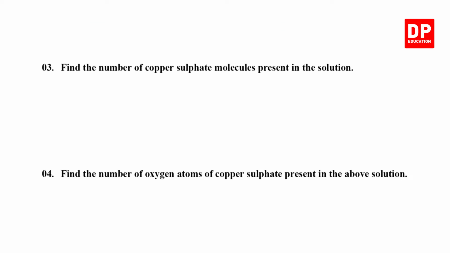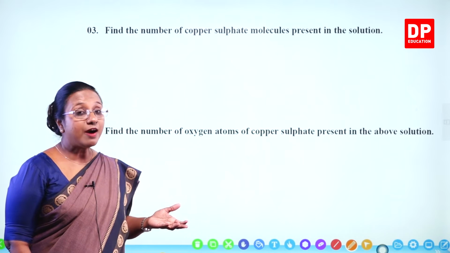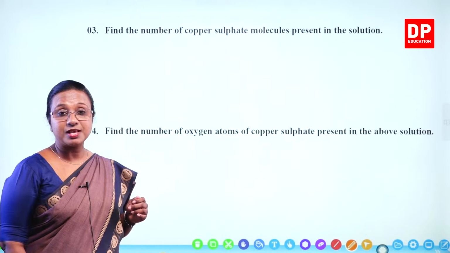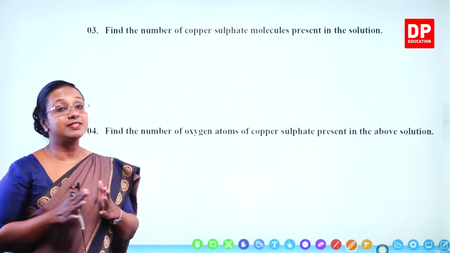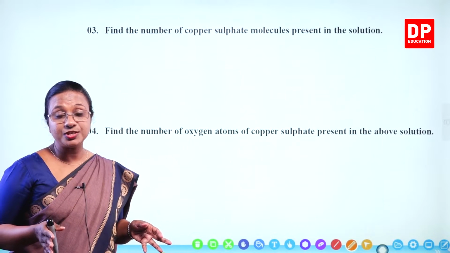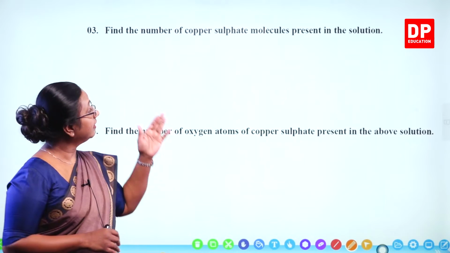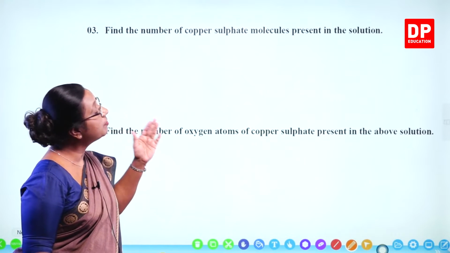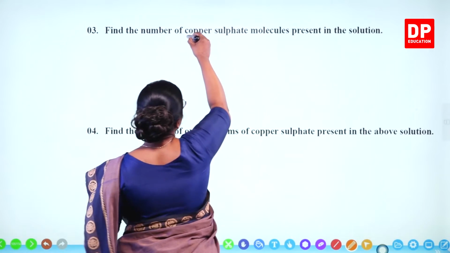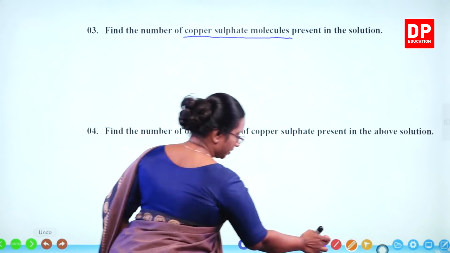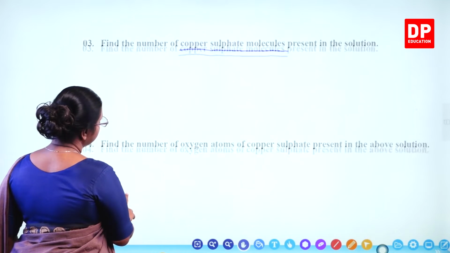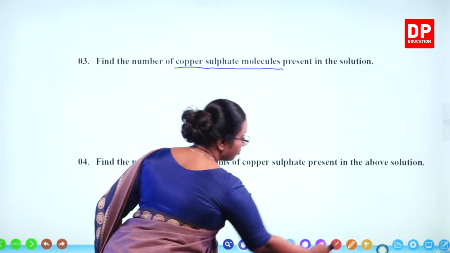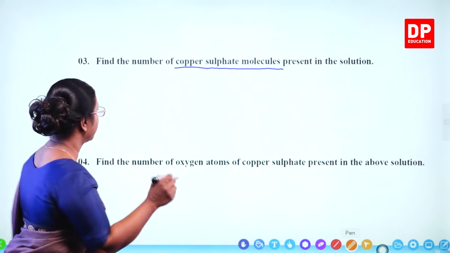So then the next one. Find the number of copper sulfate molecules present in the solution. We found the number of moles of copper sulfate. So you all know what is the value that you need to use in order to find the copper sulfate molecule. What do you need to use? You need to use the Avogadro constant.